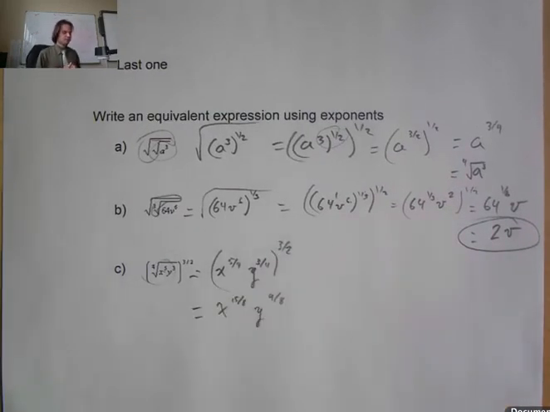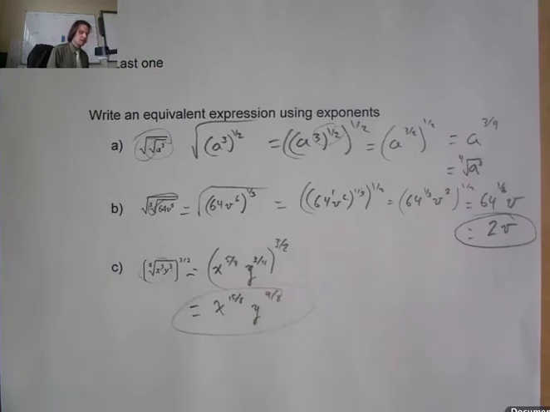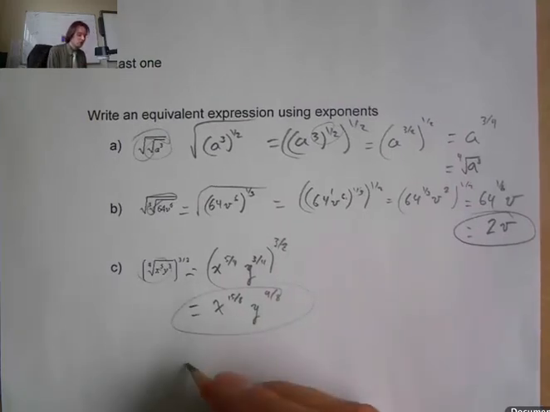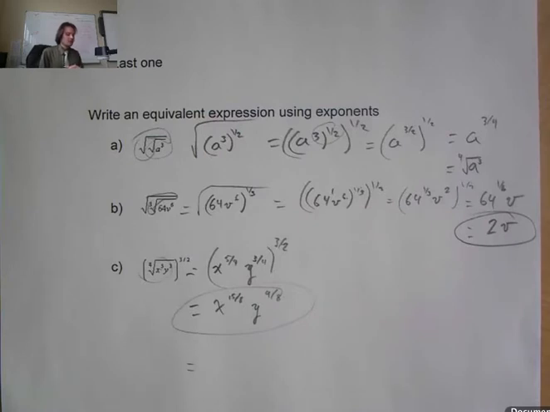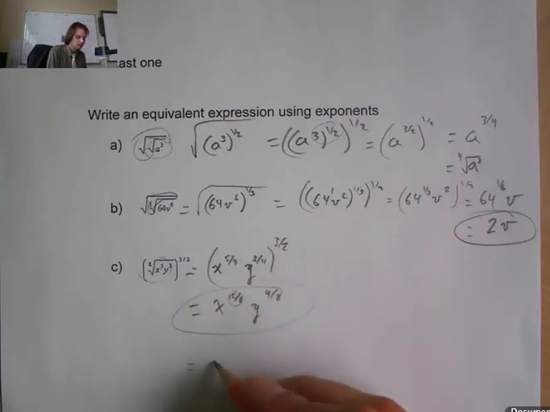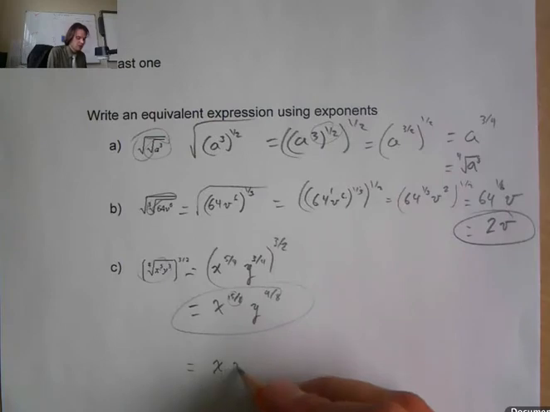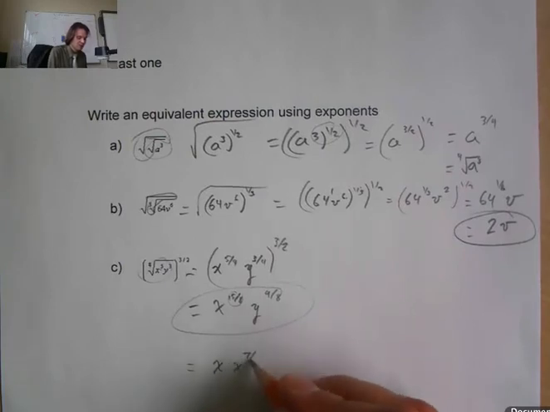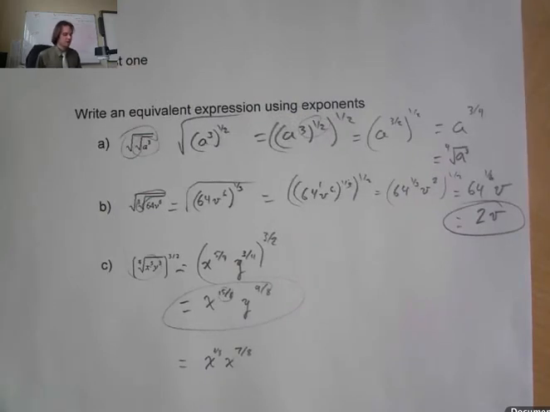Okay? So I could leave it like this as an answer, or you might even have a question like this. I could separate these fractions, meaning we have a whole x here, right? So we have a whole x, and we have x to the 7/8, right? Because this is the same as 8 over 8, which is 1, and x to the 7/8.